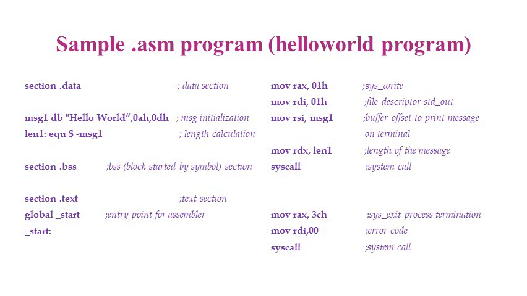Here msg1 is the label. db is define byte. Then hello world is the string that we want to display on a terminal. Then 0h and 0dh are for new line and carriage return.